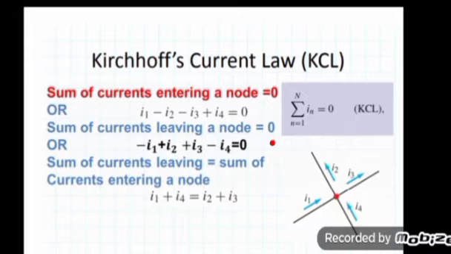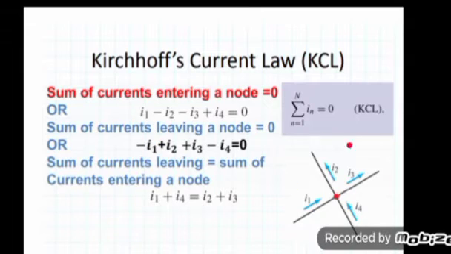According to the second definition, the sum of the currents leaving a node should be equal to 0. Here I am considering that the current leaving a node will have a positive sign, so the negative sign will be applied only to the incoming current. Okay, so I1 is the incoming current and I am applying the concept for leaving a node, so I1 will be used with a negative sign, minus I1.